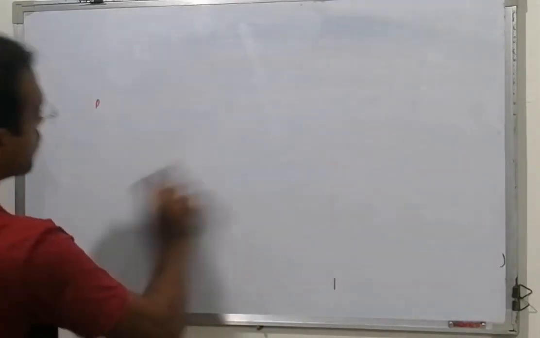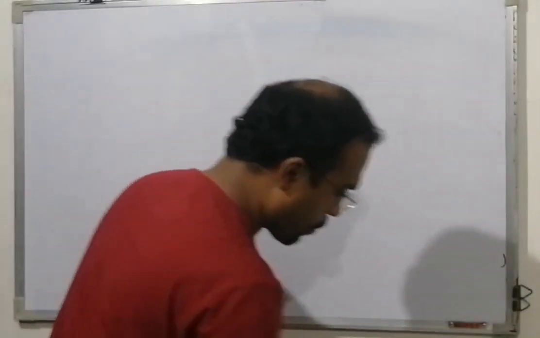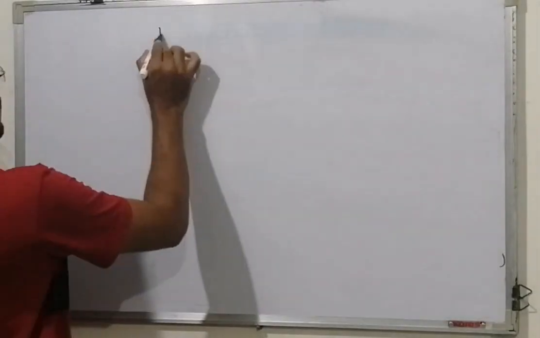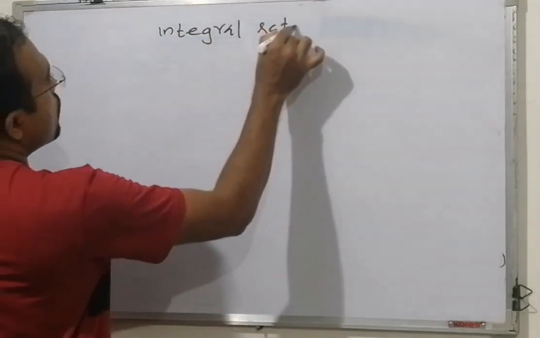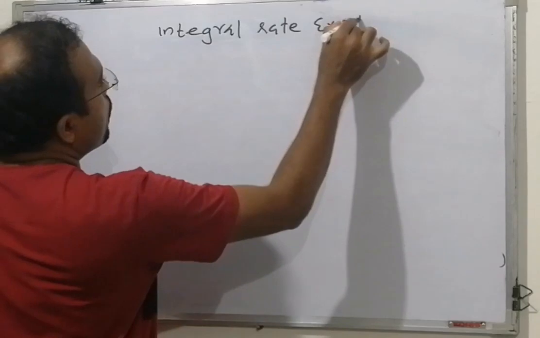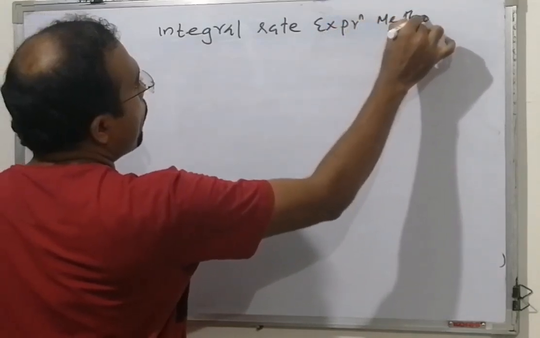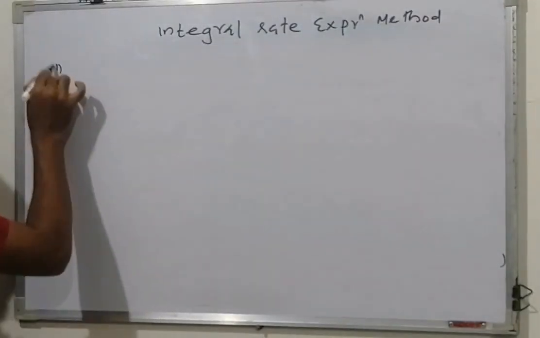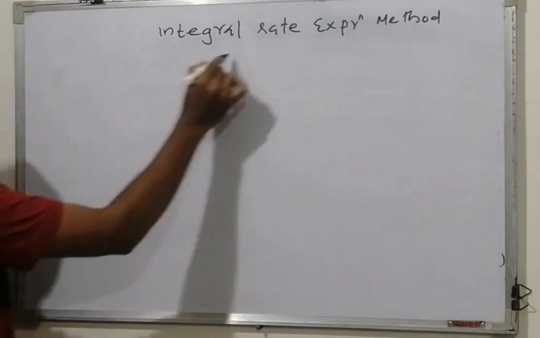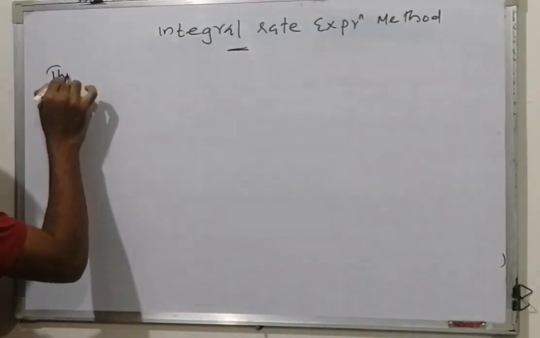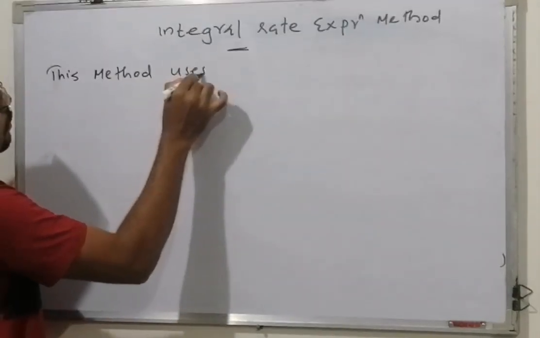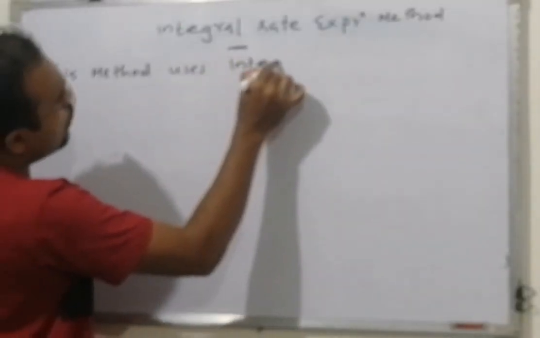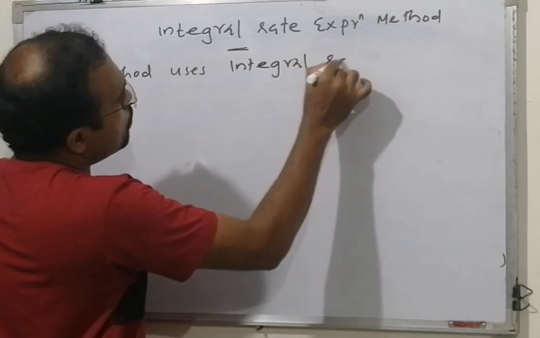Integral rate expression method. Here also there are two ways. The first method uses the integral rate expression.